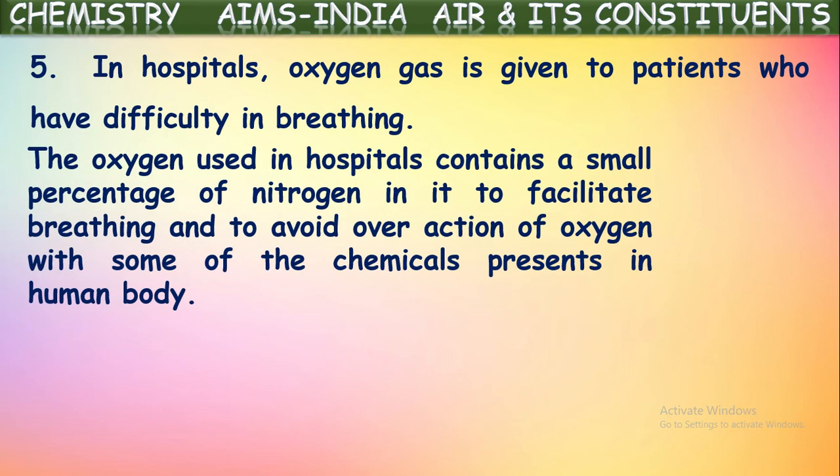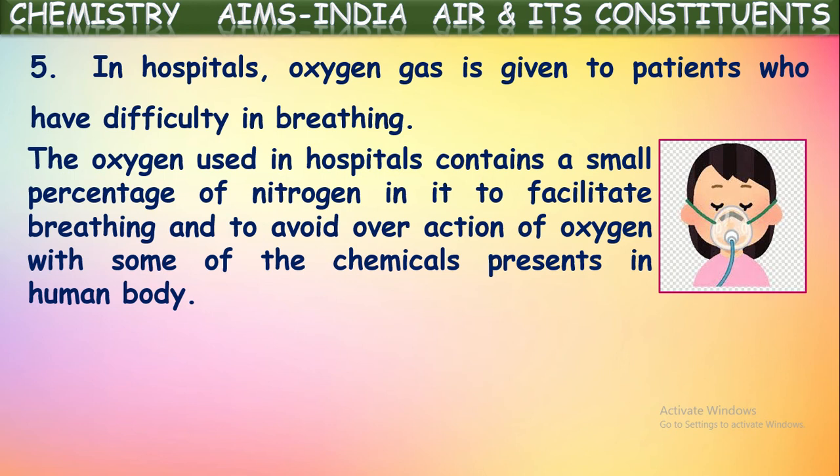The oxygen used in hospitals contains a small quantity or small percentage of either carbon dioxide or nitrogen in it, to facilitate breathing and to avoid overreaction of the oxygen with some of the chemicals present in the human body. Yes, actually we say those cylinders contain pure oxygen, but in fact, the oxygen cylinder given to hospital patients for breathing contains, along with oxygen, a small quantity of either carbon dioxide or nitrogen gas mixed in.